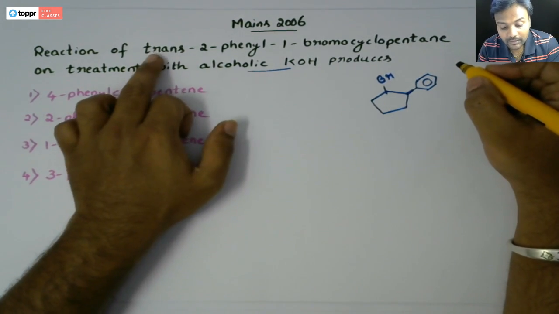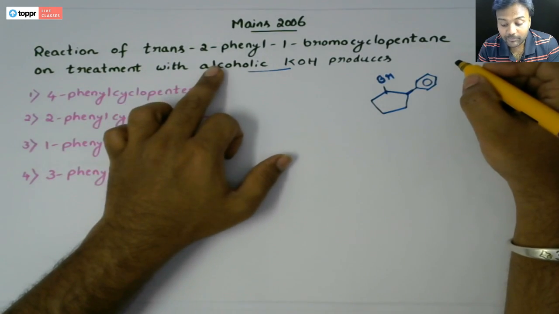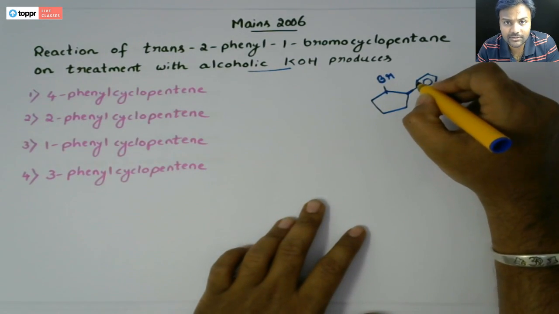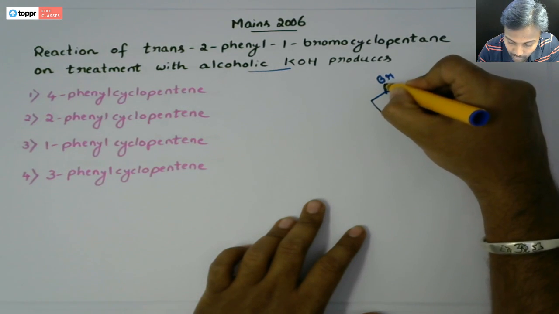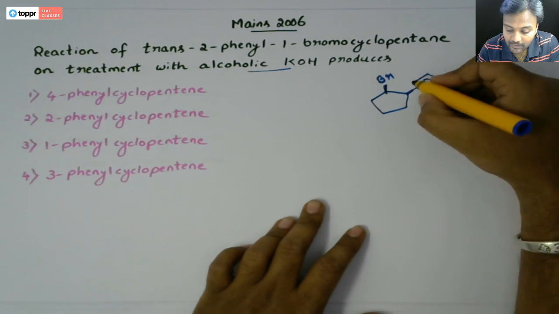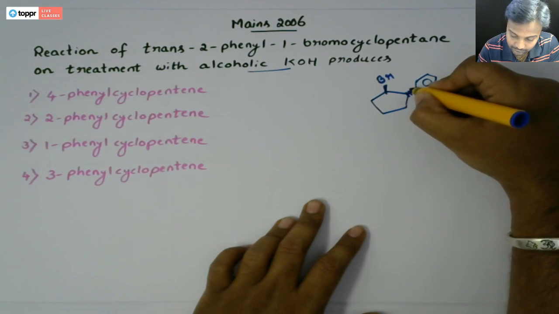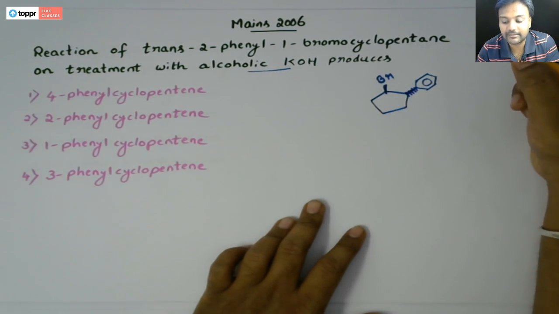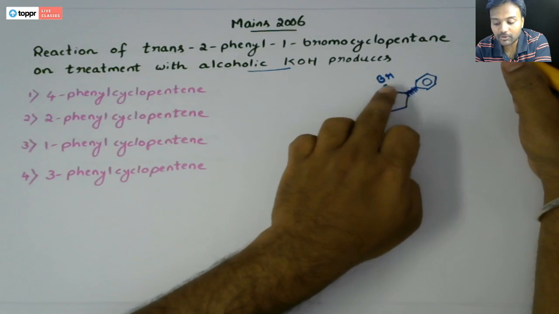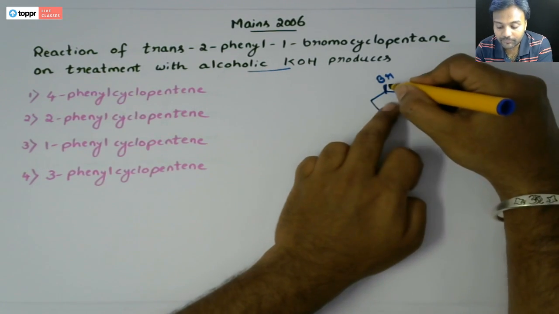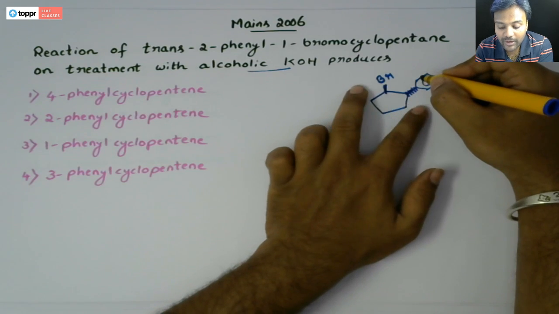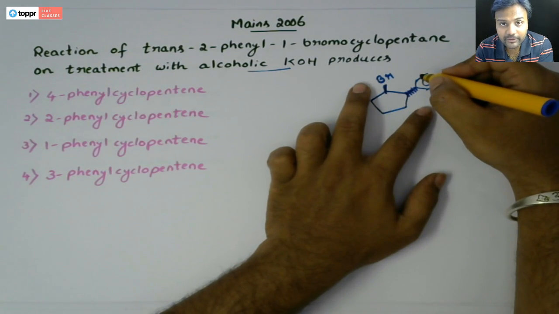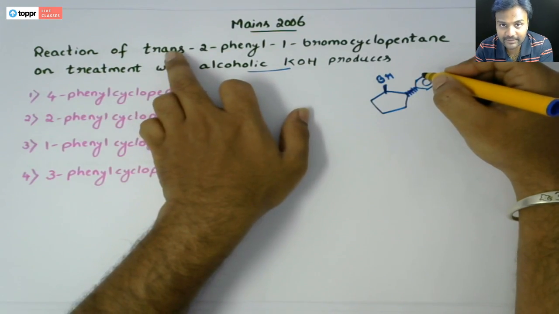Now, trans 2-phenyl 1-bromo. So how do you represent trans in this structure? It's very simple. This bond will be a bold wedge bond and this will be the opposite. The bonds are reversed. So here you have a bold wedge bond and this is a dotted wedge. Now I can say they are in different configurations and I can say this is trans.